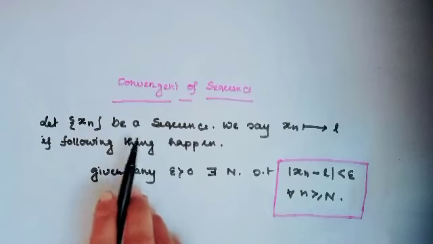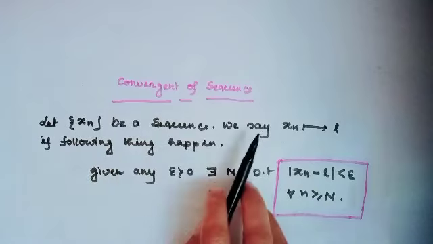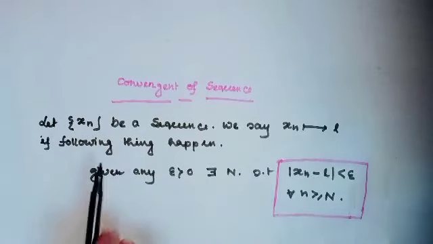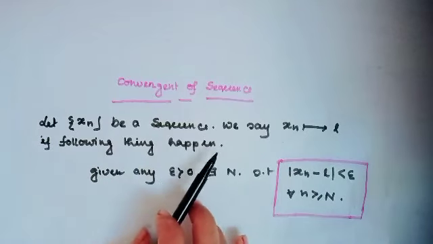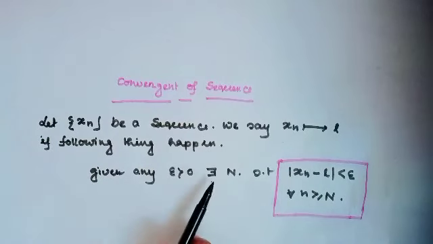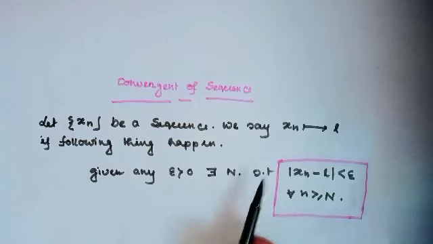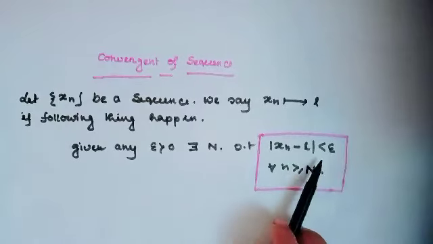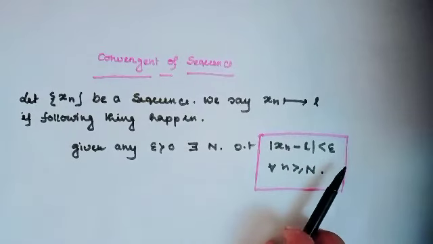Let xn be any arbitrary sequence. We say xn converges to L if the following happens: given any epsilon greater than 0, there exists a capital N such that modulus of xn minus L is strictly less than epsilon for all n greater than or equal to N.